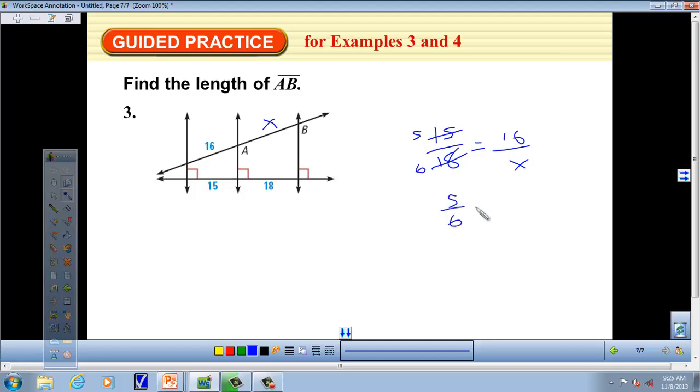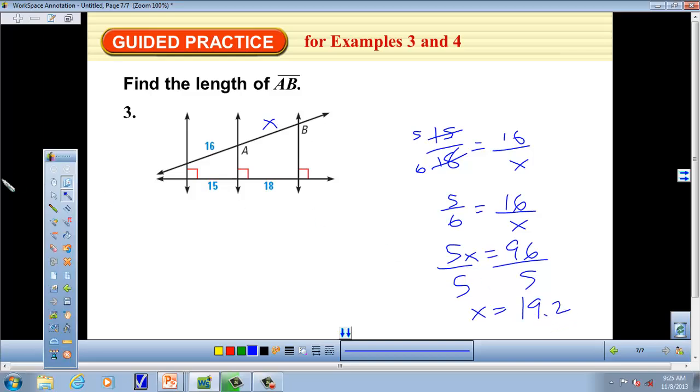So we get 5/6 is equal to 16 over x. 5x is equal to 16 times 6, which is 96. And dividing both sides by 5, I guess you could leave it as 96 over 5, or you get 19.2.